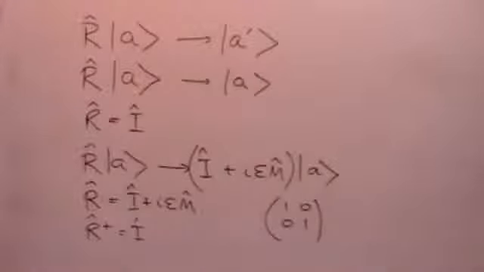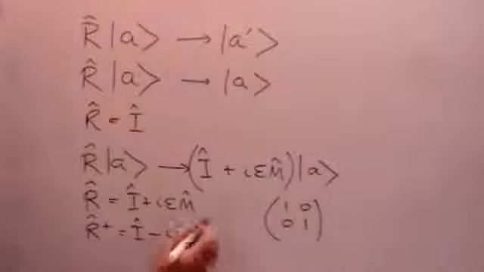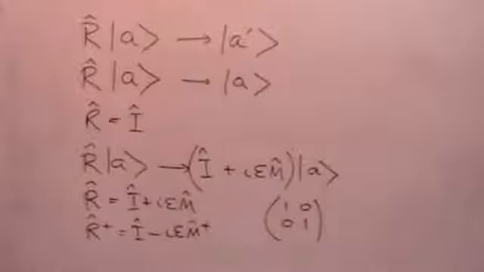If you transpose that and complex conjugate it, you get the same thing. So the Hermitian conjugate of I is just I. And then minus, because we're doing the Hermitian conjugate, iεM dagger. So now we've got the values of R and R dagger.